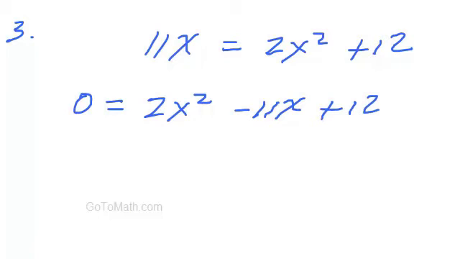Alright, so this one here is a little bit more difficult when it comes to factoring, because that's all that we're doing here. And so let's see. We have a coefficient of 2.